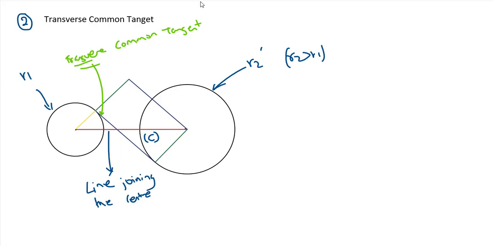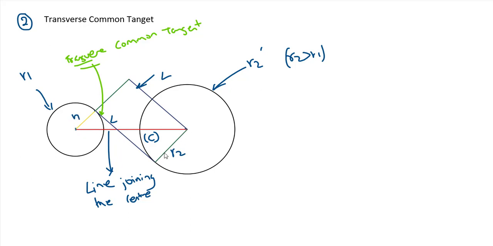Let us calculate further. If I draw a line which is parallel to this tangent, we'll get this line. If the length of this tangent is L, the length of this line will also be equal to L. Now this radius is R2, and this radius from here to here is R1.